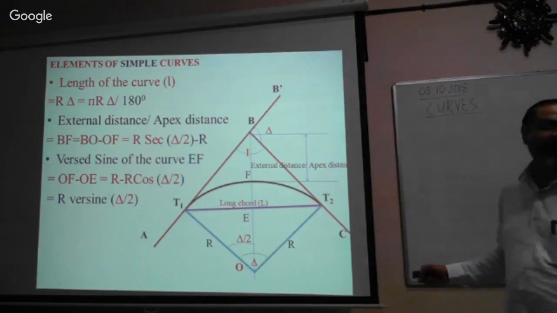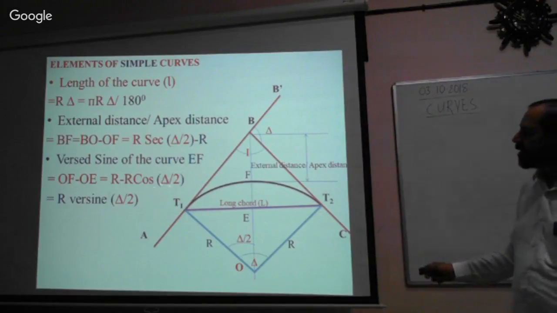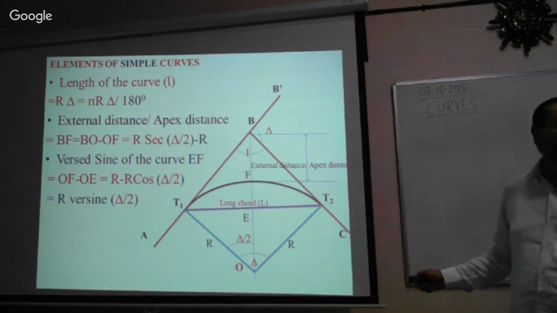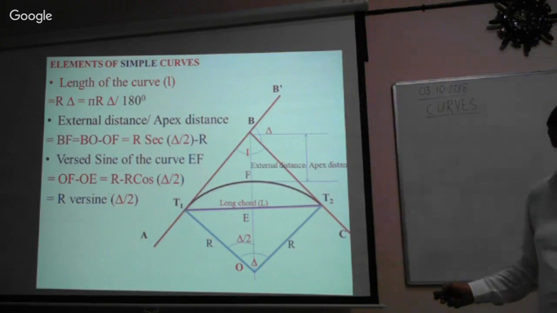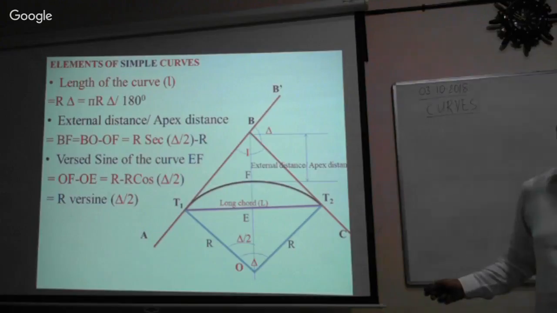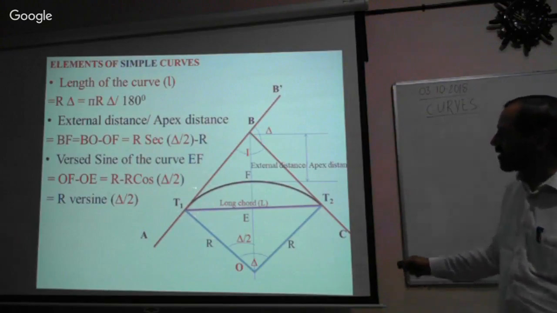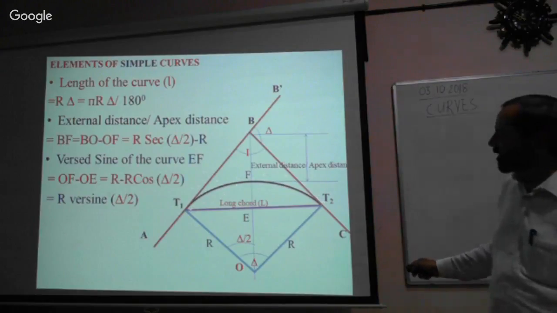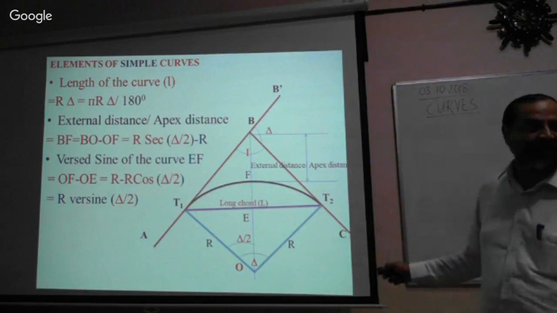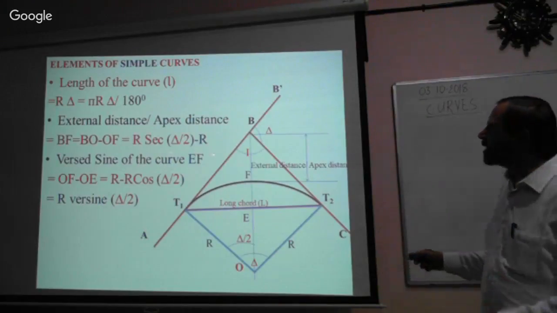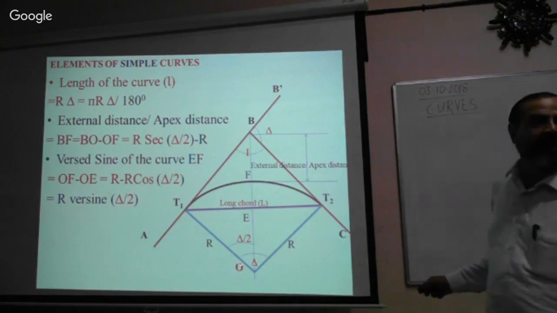If you know the curve theory from mathematics, the arc length is equal to R into theta. In our case, theta is delta.